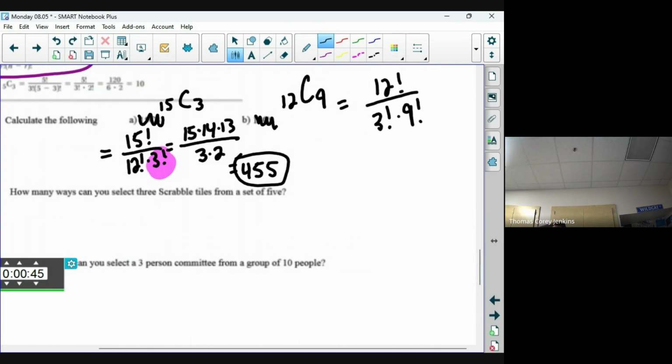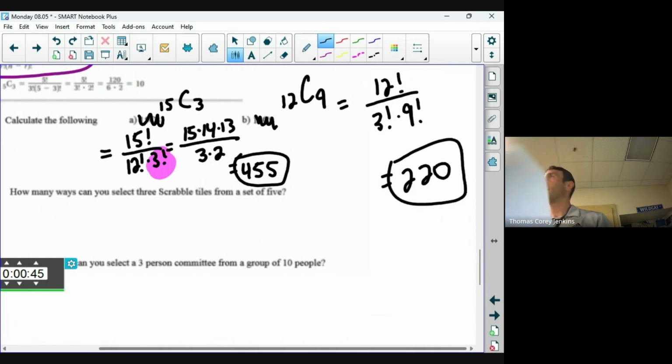All right, so it should be something like 12 factorial over 9 factorial times 3 factorial. The number is, for those of you who just typed it in, 220. Anybody need to see that worked out in more detail?